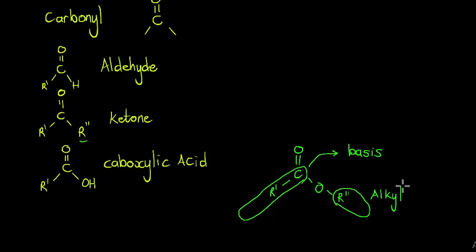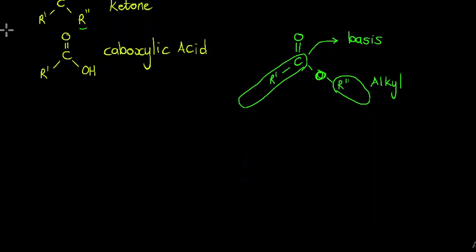The alkyl group is the one that is bonded to the oxygen, and the basis is this long chain here. So it doesn't matter which chain is longer, it's all about the carbon double bonded, the chain bonded there, and then this one would be the alkyl group. Let's look at an example.